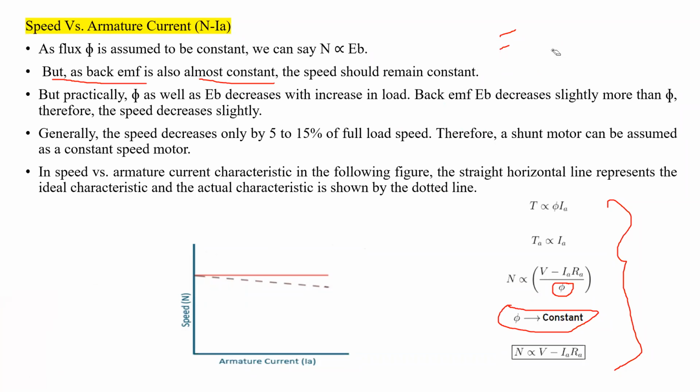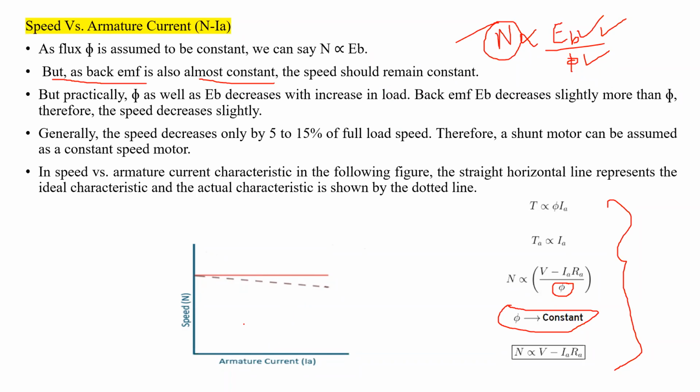What is the relation between the speed and back EMF? Directly proportional. N is proportional to Eb upon phi. Clear? So flux is constant, back EMF is constant, and so the speed also becomes constant.